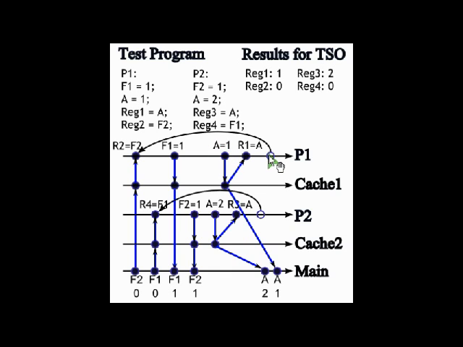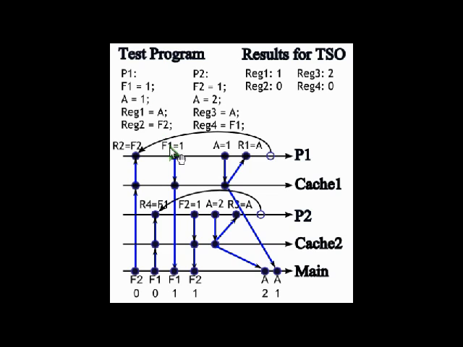And that allows this read to be brought forward. This read cannot be reordered because it's to the same location as this write. So this read has to follow this write. You can see the same thing happening in processor 2. What you see right here is the program order.